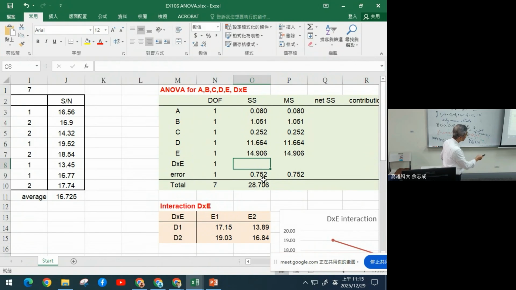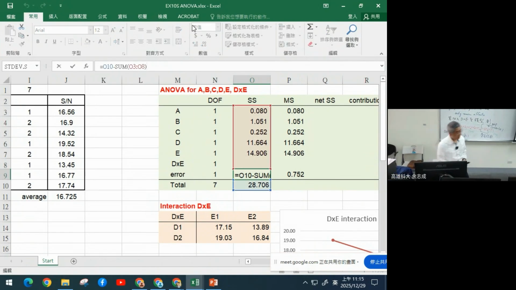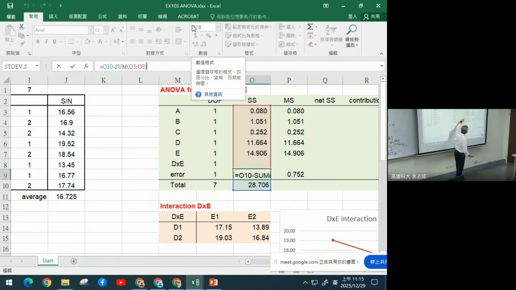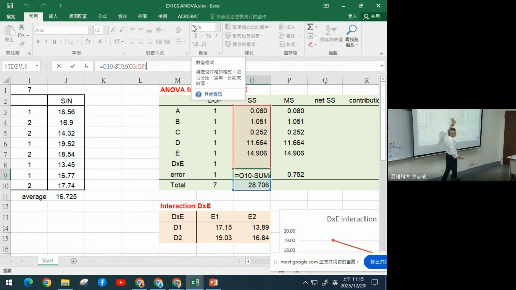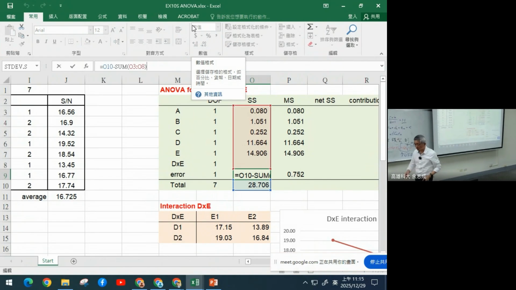Because sum of square for error will be the total sum of square minus the sum of square in your model. Because you increase the interaction DE into your model, your sum of square will be changed after you find out what is the sum of square for the interactions.